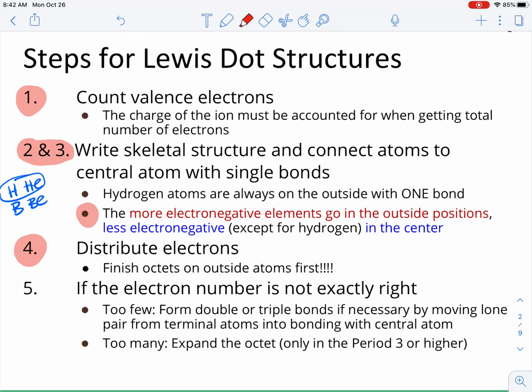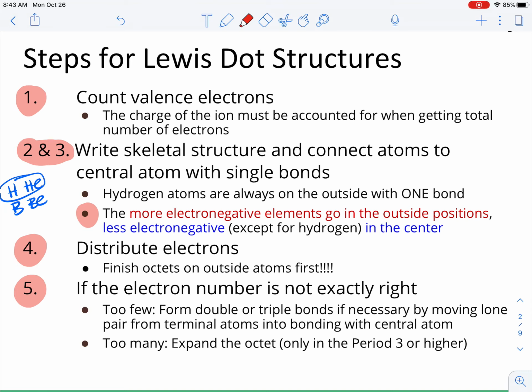If the electron number is not exactly right, so now we're talking about not having an octet, if we have too few, so let's say that central atom only has 6 electrons on it, maybe like 3 bonds, that would be too few. So we would form double or triple bonds, if necessary, by moving lone pairs from terminal atoms and making them bonding electrons, aka bonds, with the central atom.